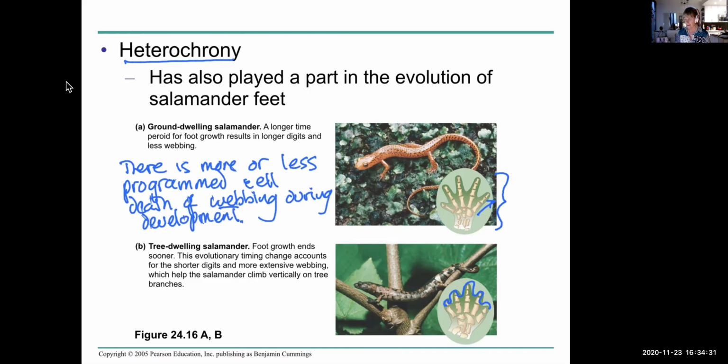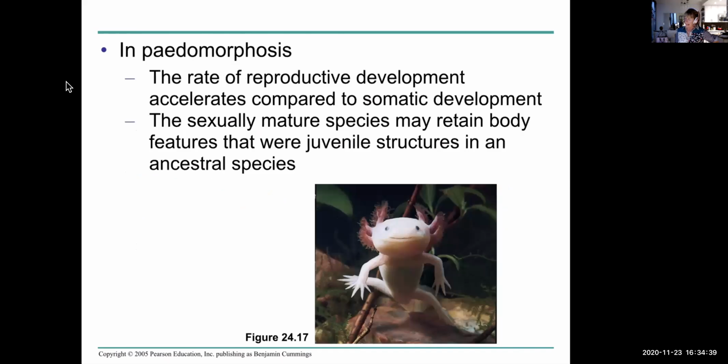They say that phylogeny recapitulates embryology. Very interesting. In some cases, with reproductive development, the sexually mature species retains body features that were juvenile structures in an ancestral species. So this is called paedomorphosis.